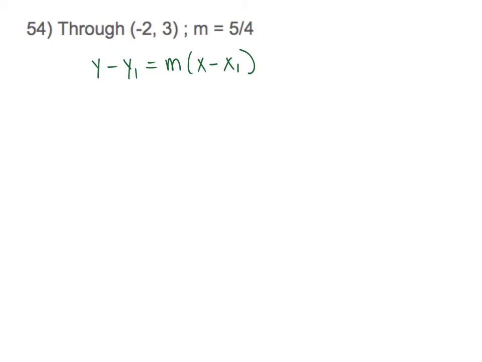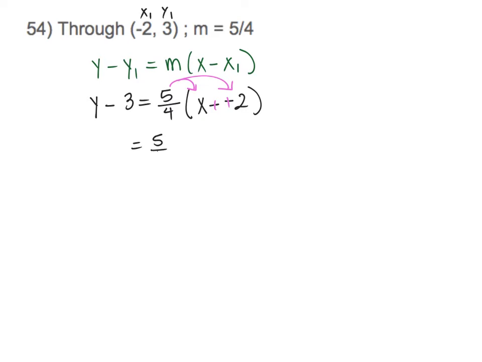So in this case, this would be y minus y1, which this would be my x. This is my y1, so this will be 3 minus m, which is 5 over 4. And then x minus negative 2. So again, this ends up becoming a positive sign, and then I have to distribute a 5 over 4.